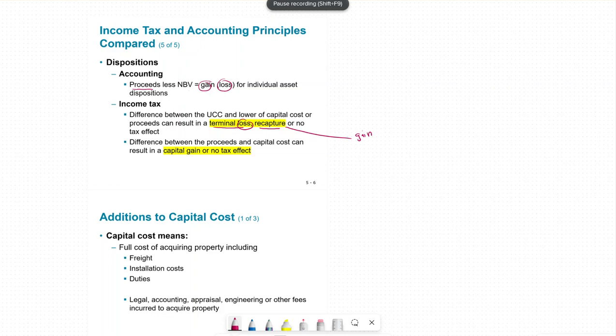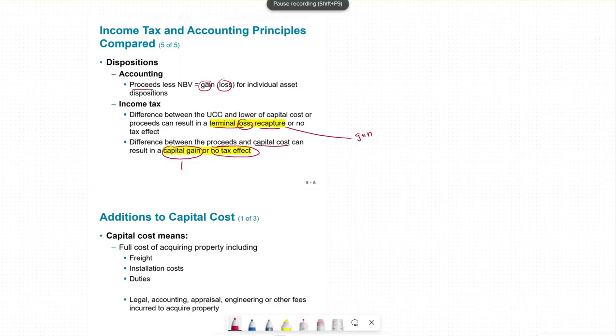If all the assets are sold from that pool, you could have a recapture or a terminal loss. We'll do examples at the back of the chapter, or do some more questions in order to do that. Now the difference between the proceeds and the capital cost can also result in a capital gain, or there's no effect.